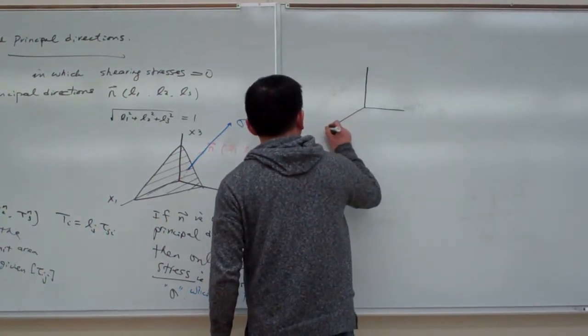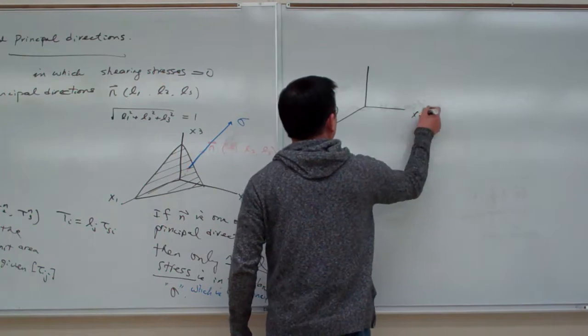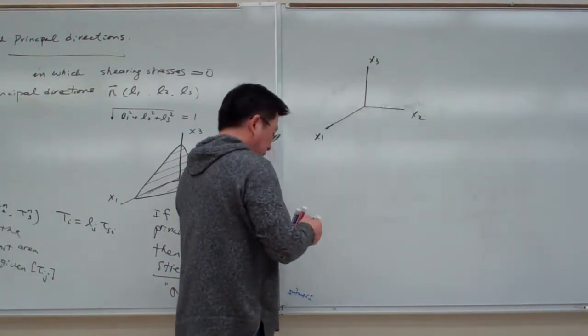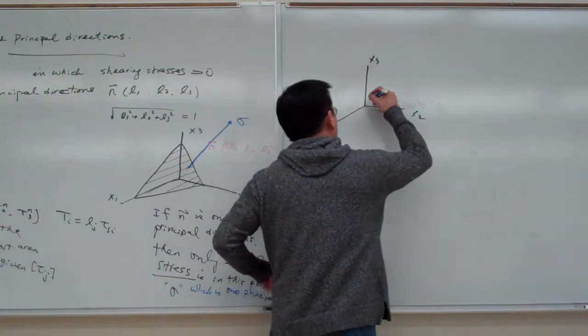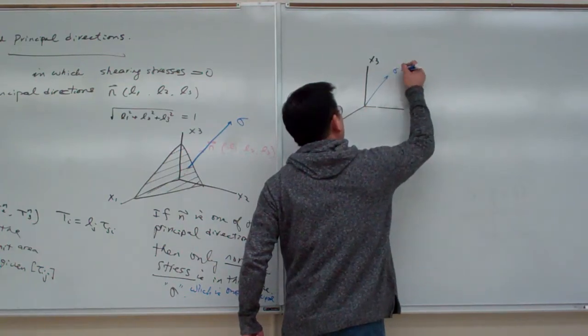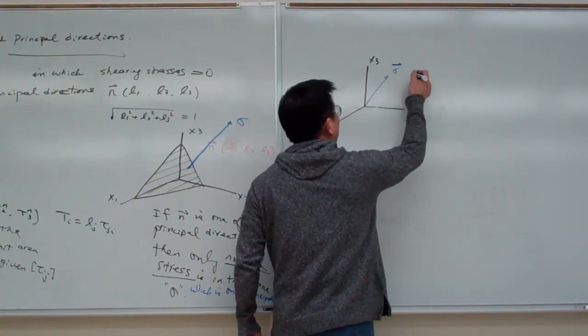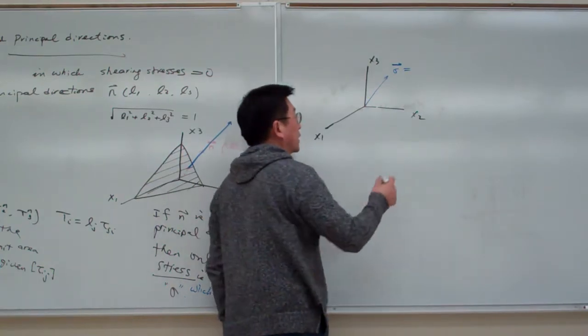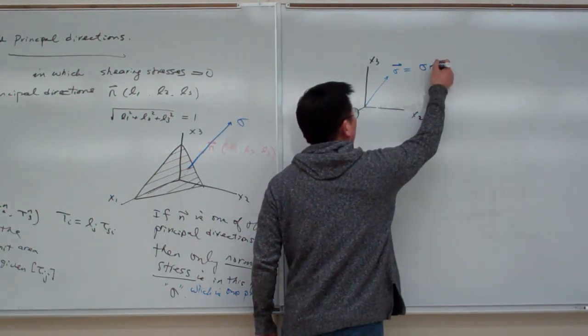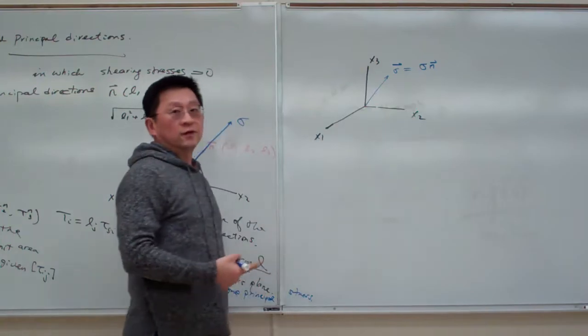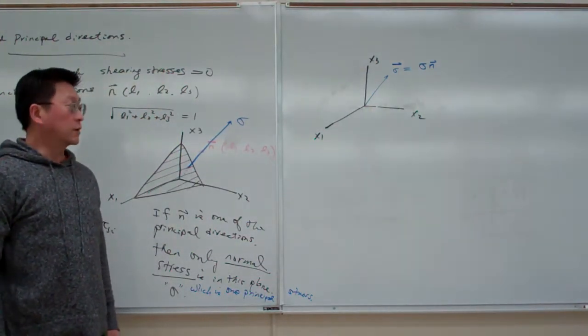So let me draw that again. x1, x2, x3, and that particular force is this one, sigma. Sigma has a magnitude and a unit direction. In terms of the label, we can do this one here.